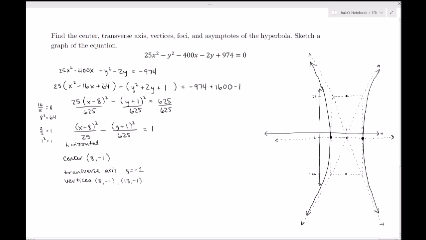Okay, so we need to find the foci next. So remember, for the foci, you need that distance c, which is the distance between your center and your foci. So let's see, for a hyperbola, we have that c squared is equal to a squared plus b squared.